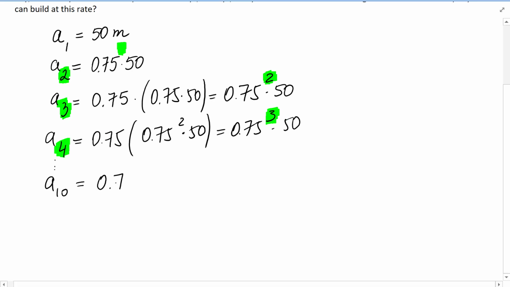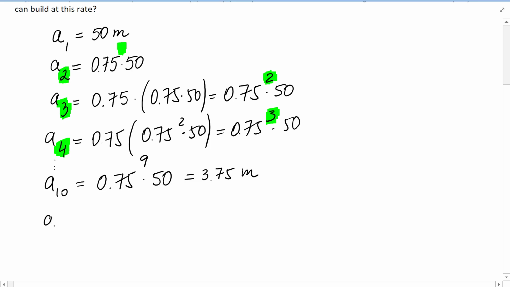So it's going to be 0.75 to one less, 0.75 to the 9th times 50. And if we want, we can do the computation for this one: 0.75 to the 9th times 50, and we get, if we round it, 3.75 meters.